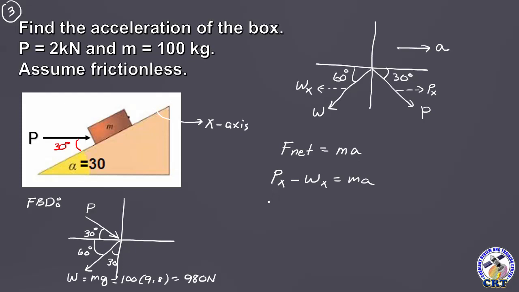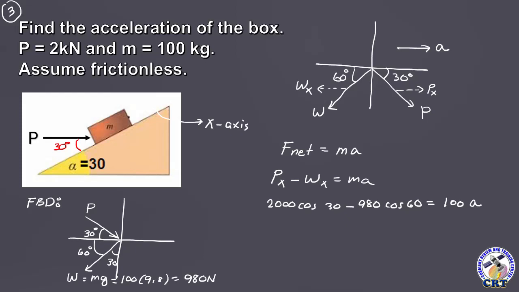Substitution, P is 2000 cosine of 30 degrees minus W 980 cosine of 60 equals mass, this is 100 times the unknown acceleration.